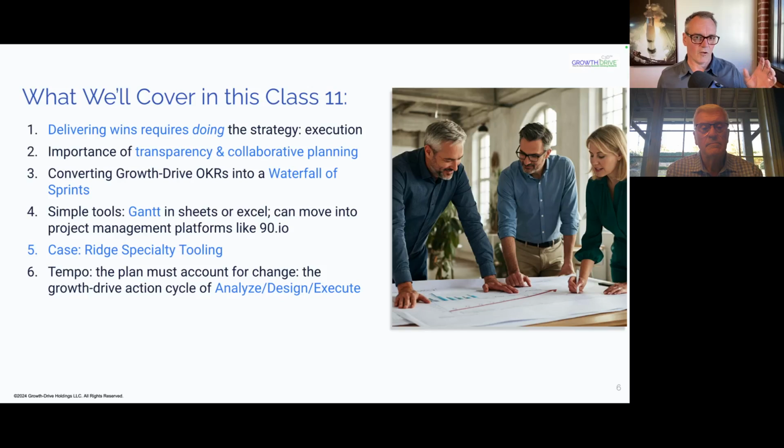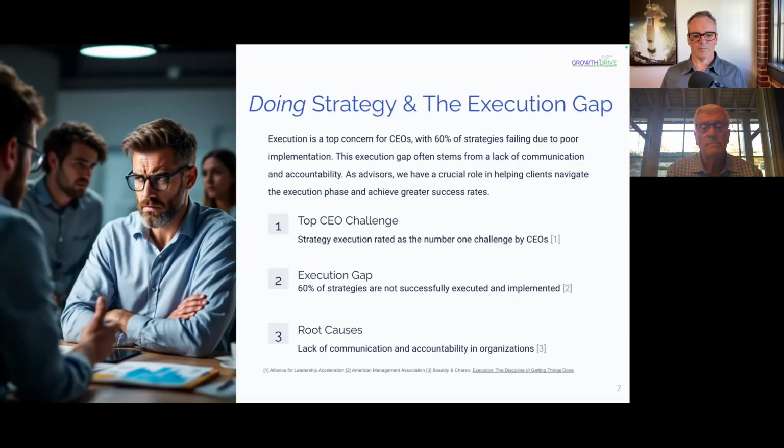How do we turn the growth drive OKRs into a waterfall of sprints? We'll look at some simple tools. We'll wrap this into the Ridge Specialty Tooling case. And we're going to cover tempo as well. Tempo, so important.